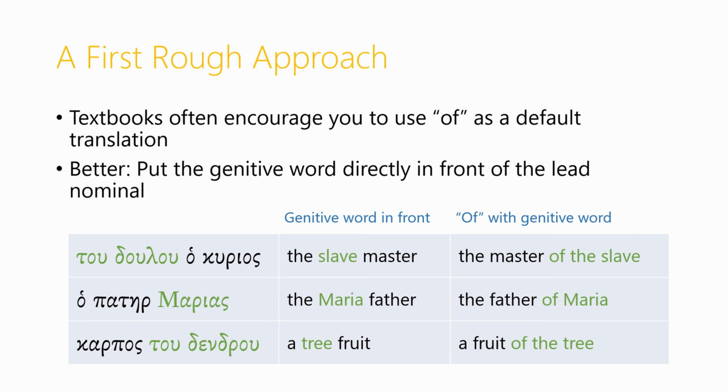It doesn't usually leave us with smooth enough English for us to be satisfied, whereas using "of" can often leave us with a readable English translation, and so we don't dig any deeper, where in fact we need to dig deeper, and the actual relationship in the genitive in a particular case might not be a relationship that is communicated by "of" in English.